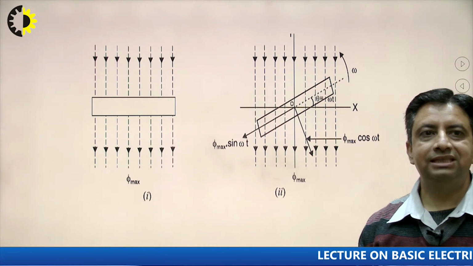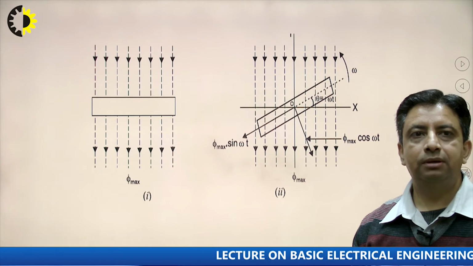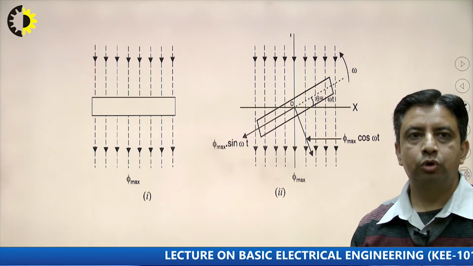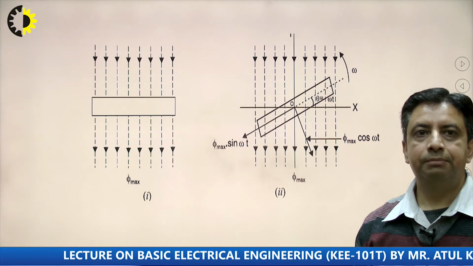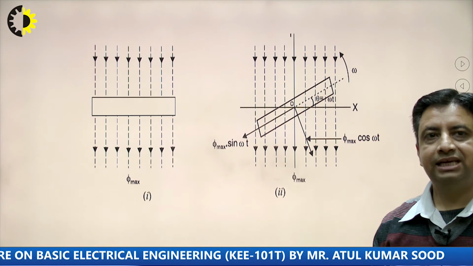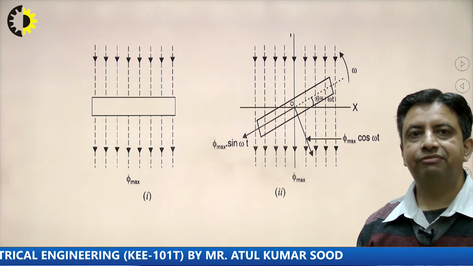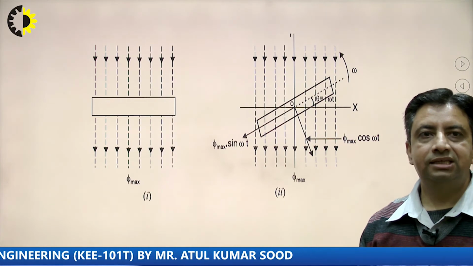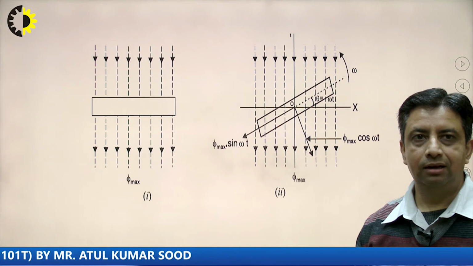This phi m sin omega t is parallel to the plane of the coil, so it will not induce any EMF in the coil. But the second component, phi m cos omega t, is perpendicular to the plane of the coil. So this phi m cos omega t is responsible for the EMF induced in the coil.